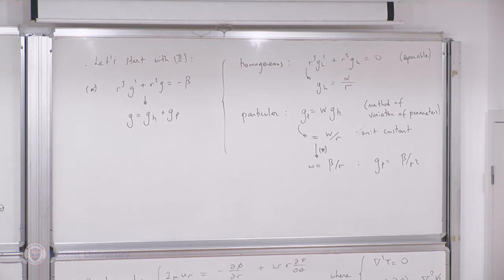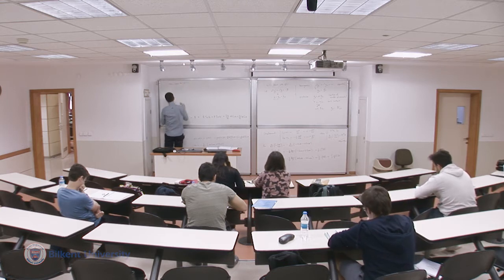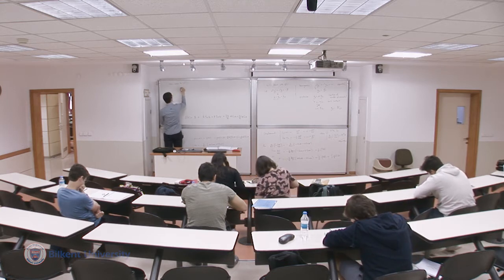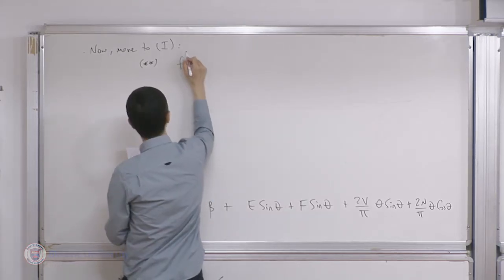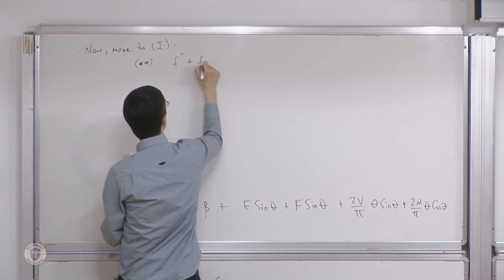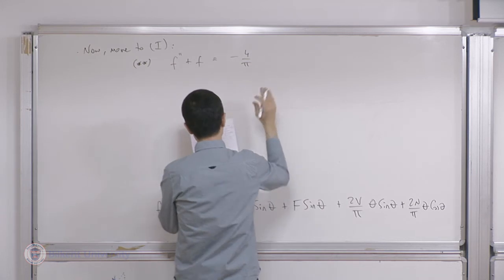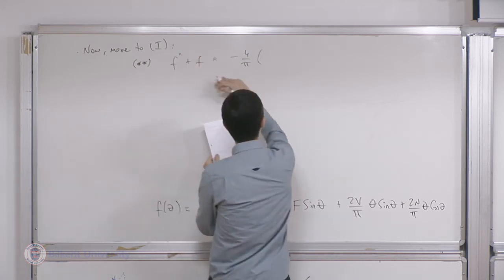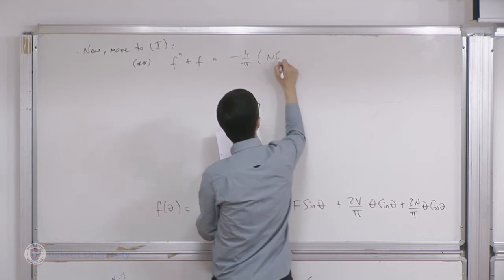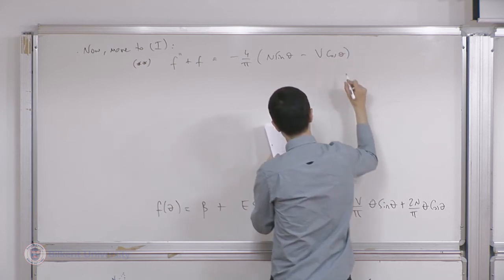Let's move to 1. And let me also outline what the solution there is. So this is our second differential equation. f double prime plus f is, so that equality that I had indicated under equation 1, it's equal to this plus beta.